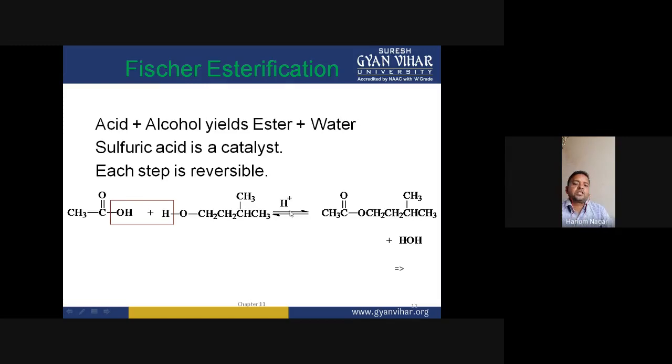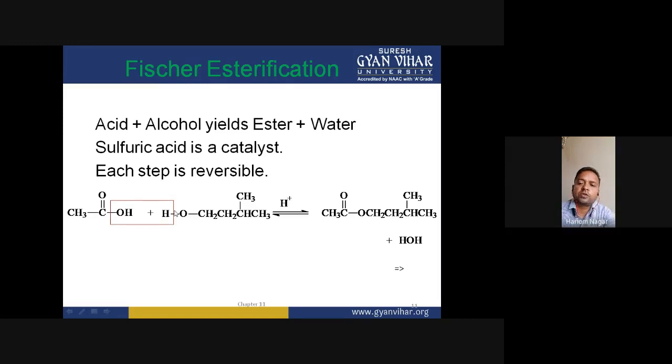This is called Fischer esterification because for the first time it was clarified by Fischer that the OH group of the acid and hydrogen from the alcohol are removed in the form of water.